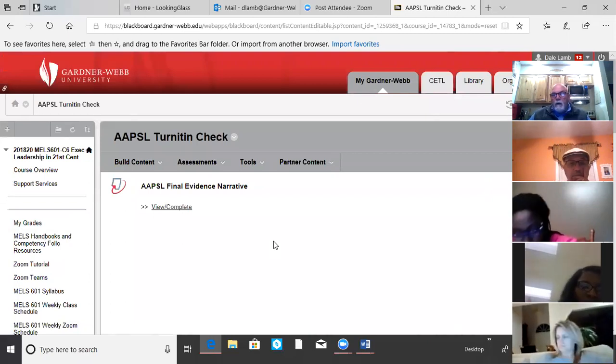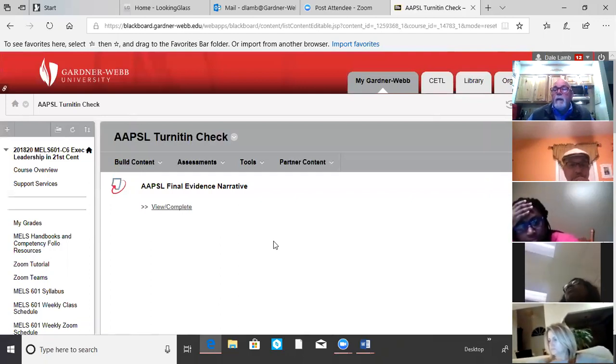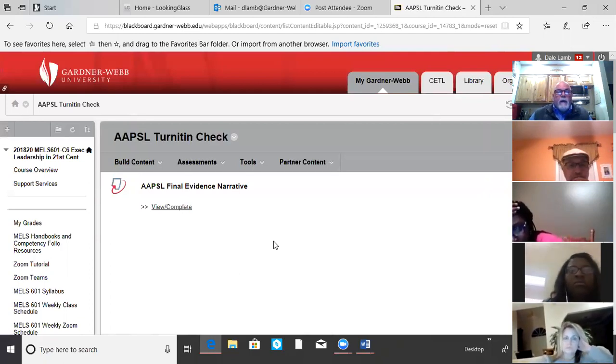When you've compiled all 5 of your evidences, your tasks, into one final evidence, and it looks as if you wrote it all at one time, with all the references at the end and the appendices behind that, you will click on View Complete, upload your document here and submit it for your Turnitin check.